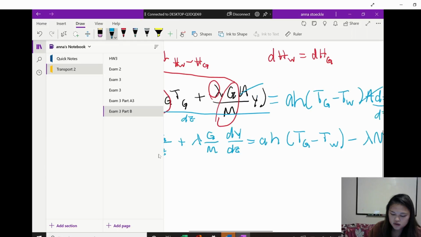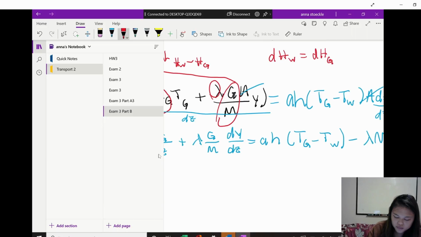And so now looking at this, we already know the change in the mole fraction. We already did that. So that equals the negative specific area multiplied by that molecular weight over the gas flow rate multiplied by that molar flux.